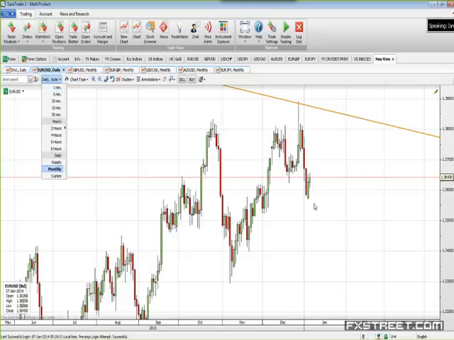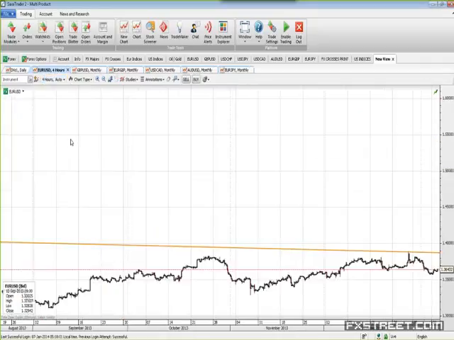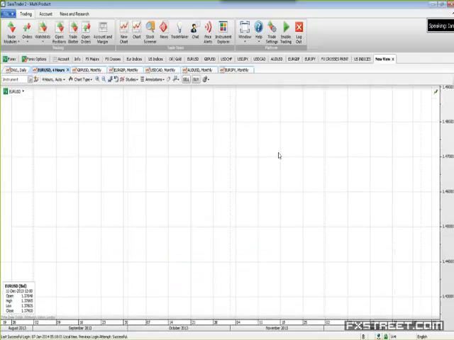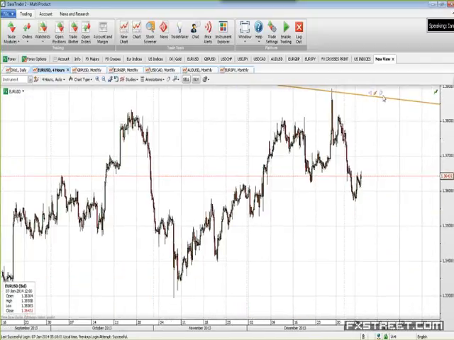So basically, obviously the bias here is still to the downside. We've had some inside bars. We've broken the outside bar. Okay, so that's basically your trigger to get short if you haven't got any signals in shorter time frames. Let me get rid of that trend line as well now because it's messing us about.